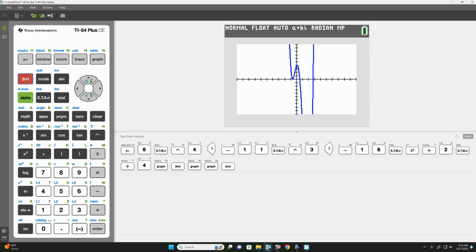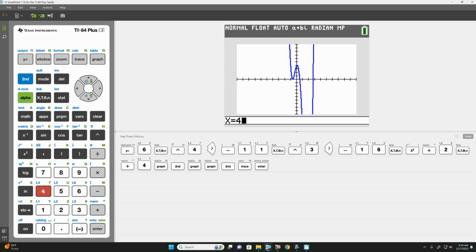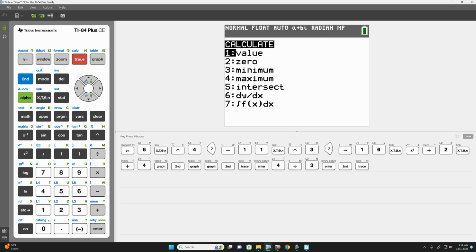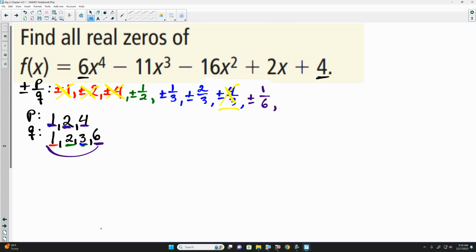In the calculator, as a reminder, second trace, calculate value, 4 divided by 3, does not give us a y value of 0. Second trace value, -4 divided by 3, also does not give us 0. So those are out. Pick one of those other values. 2/3.